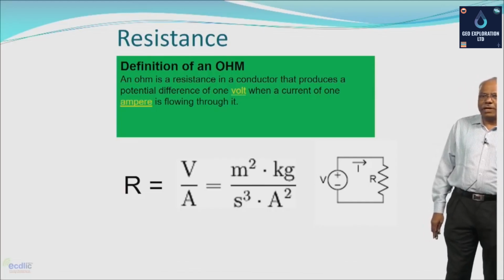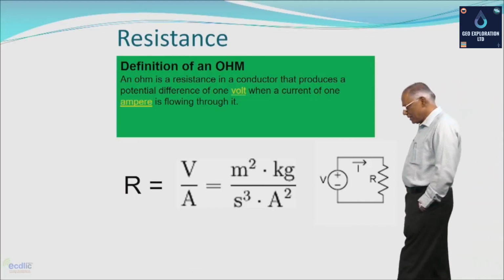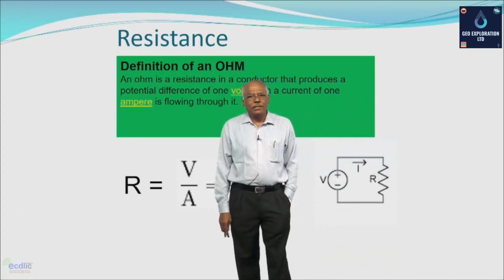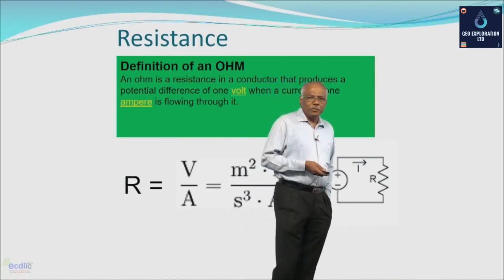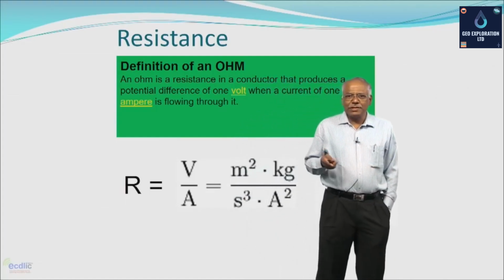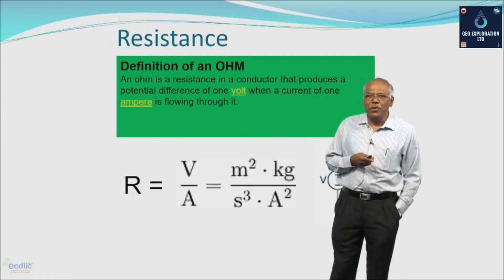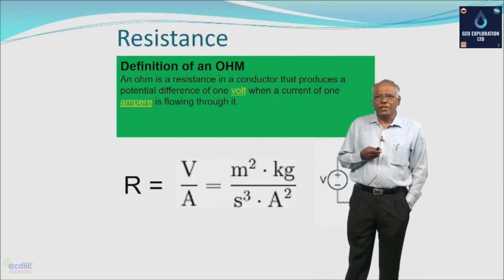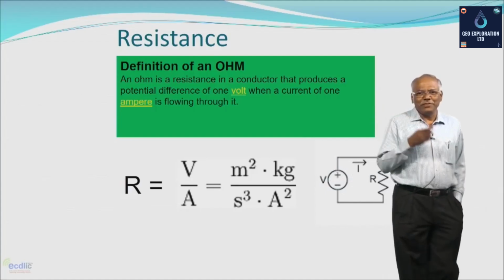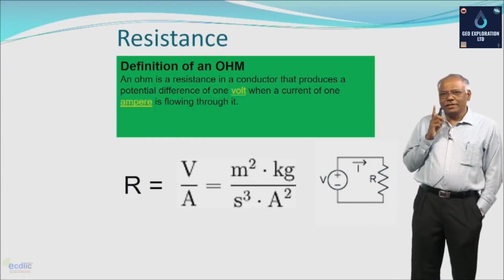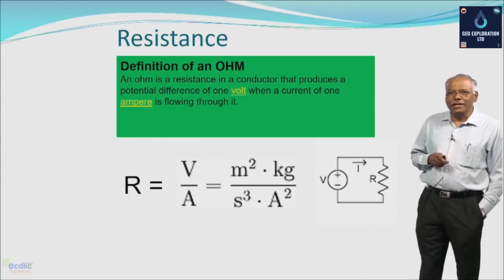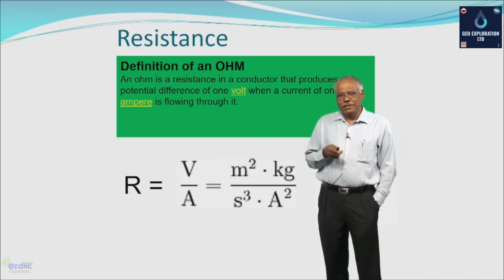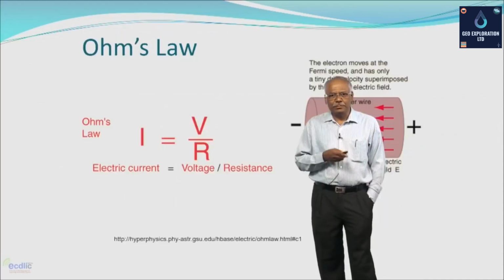Resistance is V by I, where V is the potential and I is the current. This resistance is measured in ohm, and ohm is the unit used for measurement of a resistance in a conductor that produces a potential difference of 1 volt, where V is the voltage, when a current of 1 ampere is flowing through it. This is how you can measure the resistance.